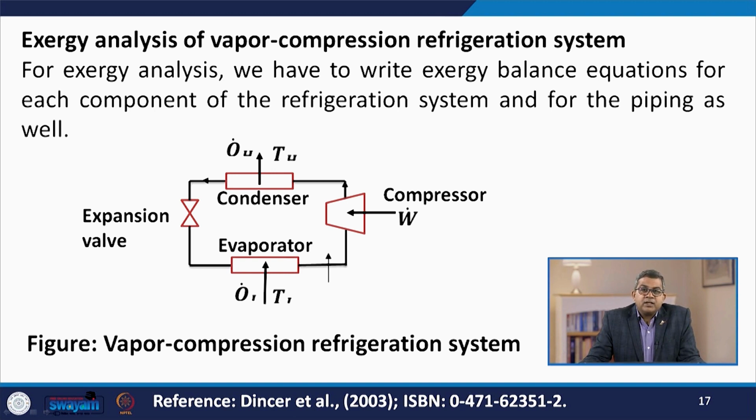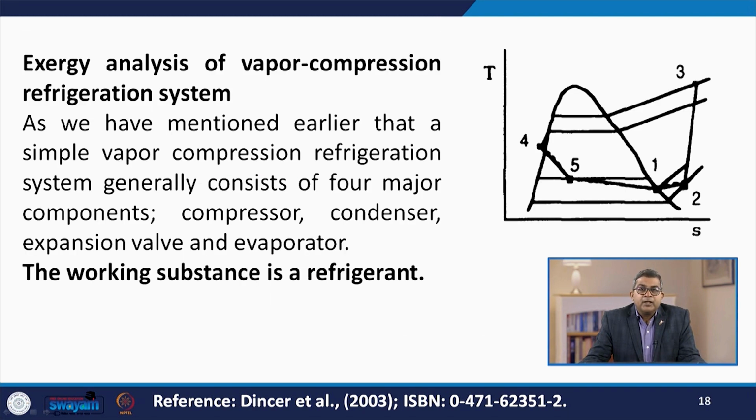Here again we are coming back to our vapor compression refrigeration system, with the compressor, condenser, expansion valve and evaporator. When we perform the exergy analysis, as we have already mentioned, a simple vapor compression refrigeration system generally consists of 4 major operations.